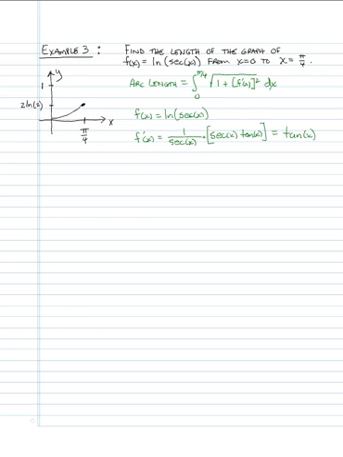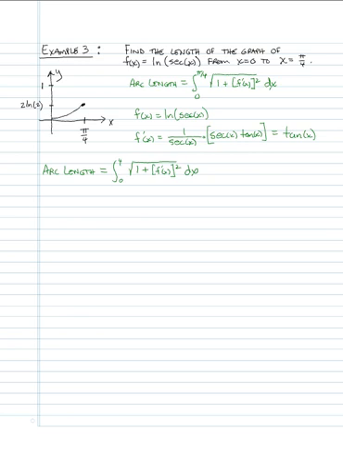So here's where we are then. As we put this information into our formula, our arc length is the integral from 0 to pi over 4 of the square root of 1 plus the derivative squared. I'll go ahead and write it in again: f prime of x squared, with respect to x.